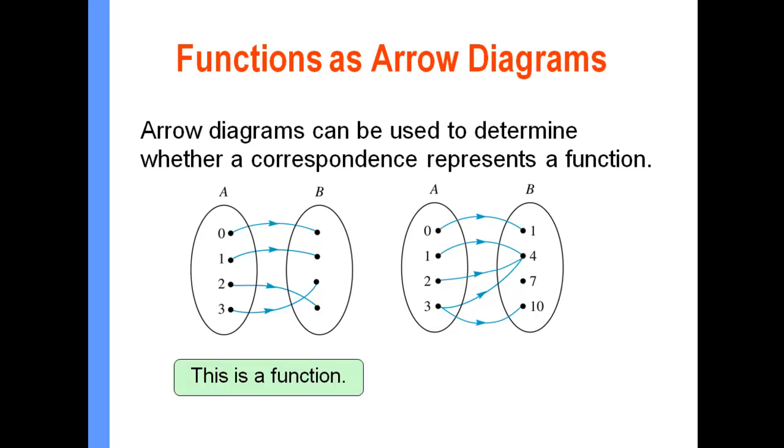In the second one, we notice that 0, 1, and 2 are each designated to a certain output, but the number 3 could be designated to 4 or to 10. So that would make it not a function, because if we gave the input 3, someone could say 4, other people could say 10, so there's not one output for the input of 3.